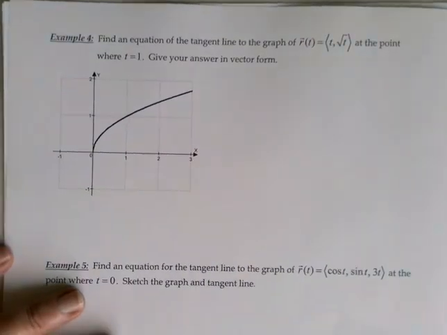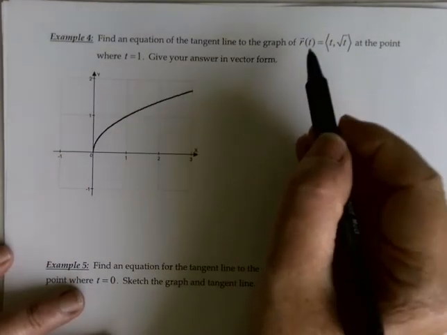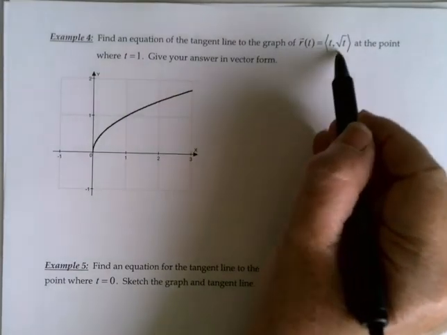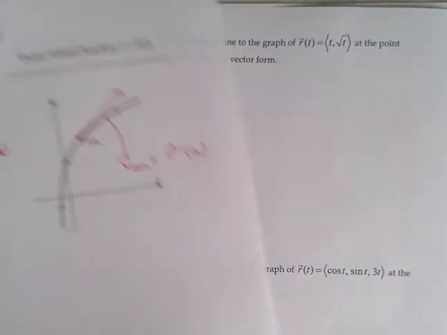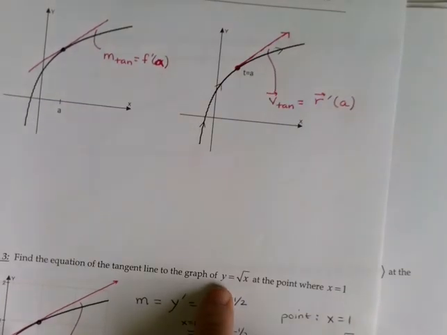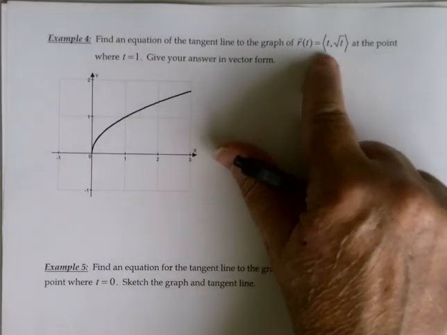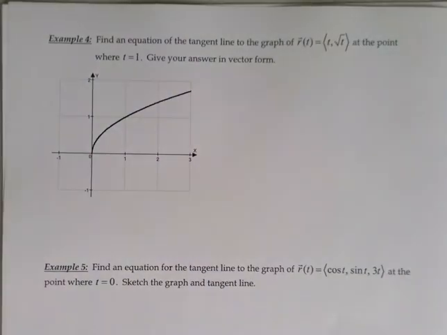So you see the same picture. Notice that the r of t here is simply a parameterization of this, right? If I let x equal t, then y would be the square root of t. So this is just the parameterization of my function that I was already using. And just like we were doing x equals 1 before, we're now going to do t equals 1.